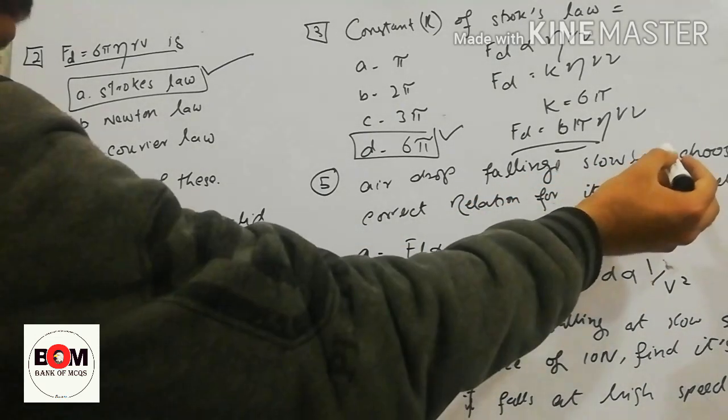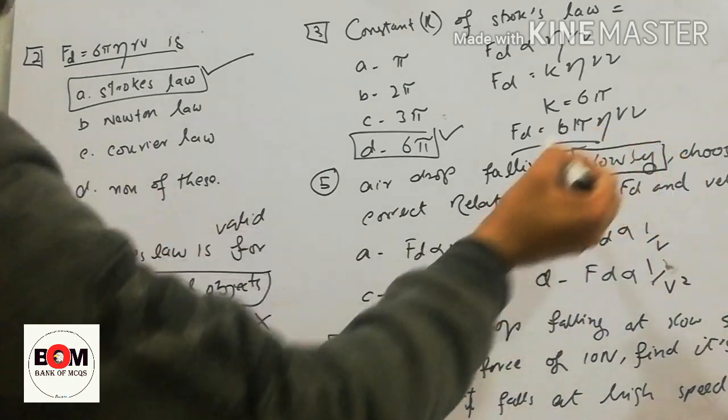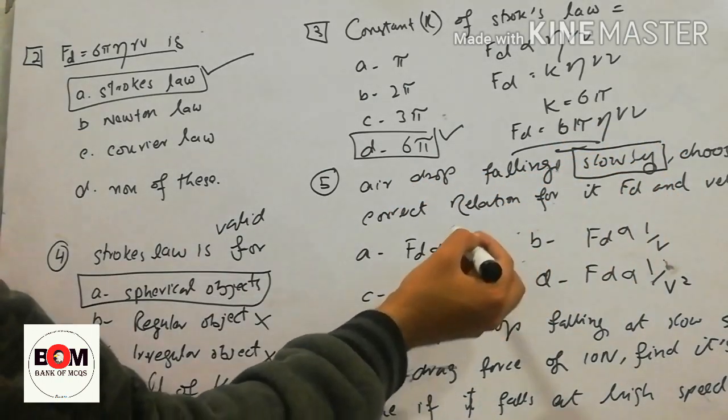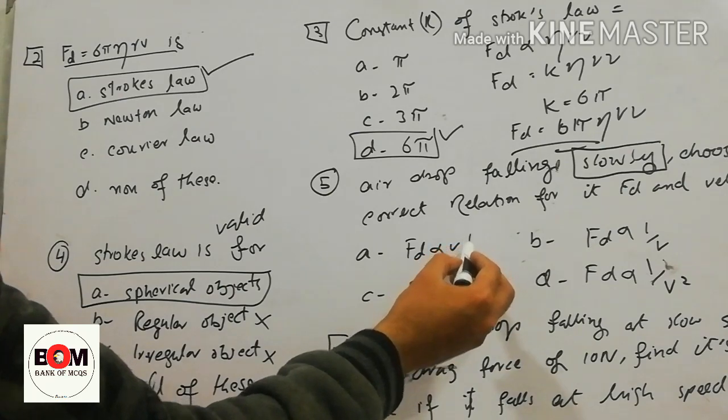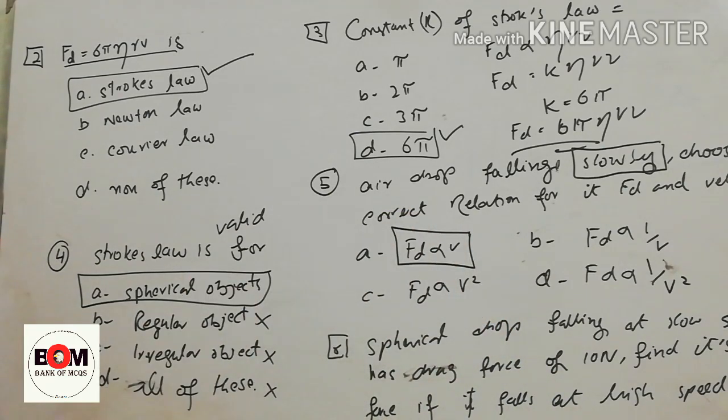MCQ number five: a raindrop is falling slowly, so choose the correct relation between Fd and velocity. Remember this term slowly. A raindrop is falling slowly, so we know from Stokes law that Fd is directly proportional to velocity.